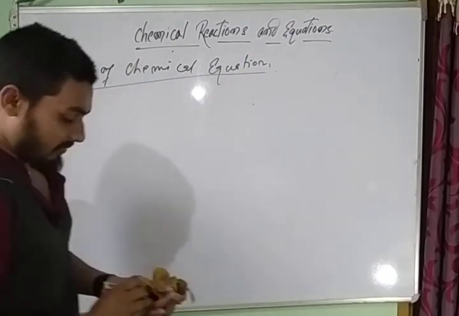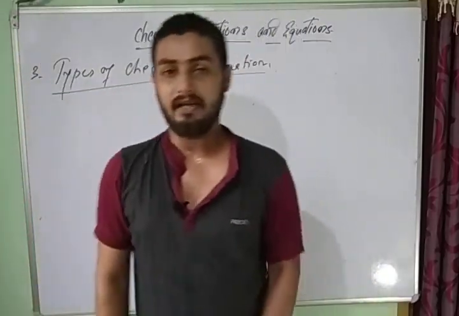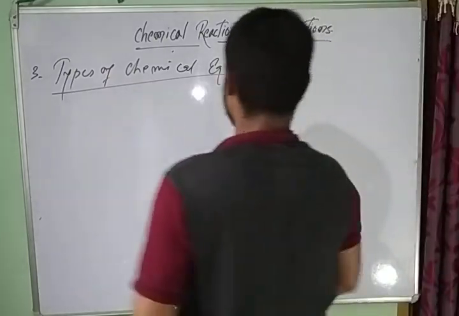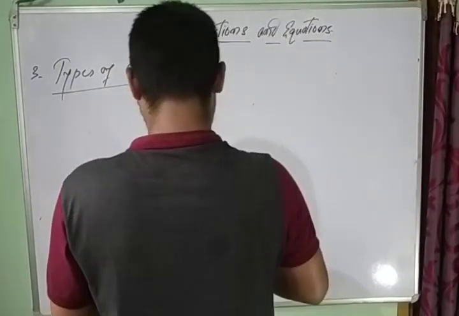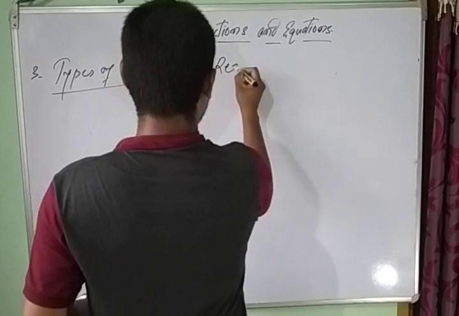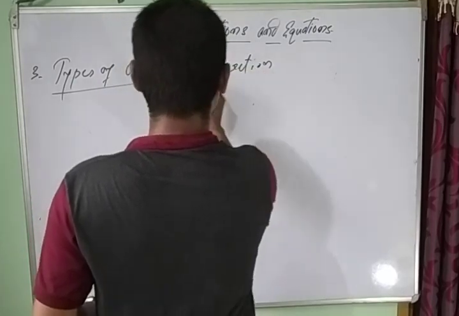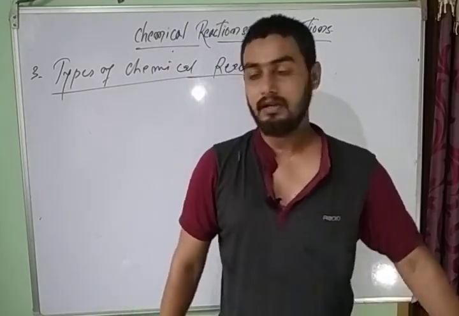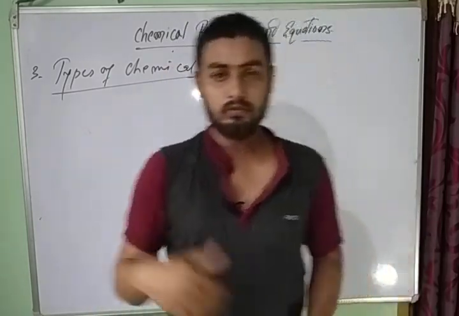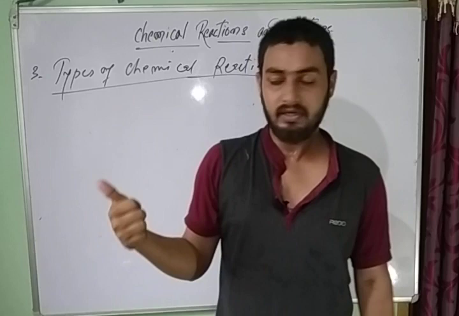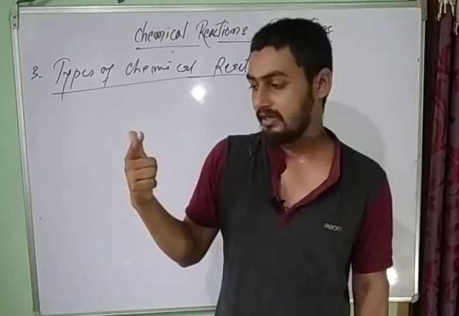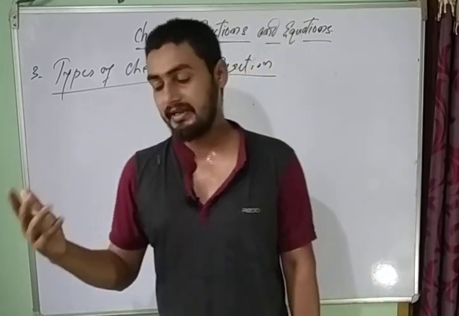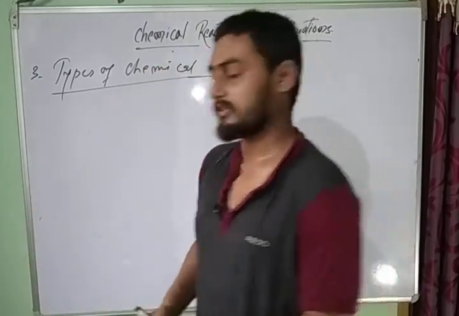Basically, we have 5 different types of chemical reactions, in which the first one is combination reaction, and then decomposition reaction, and then displacement reaction, and then double displacement reaction, and the last one is oxidation reduction reaction, that is redox reaction.